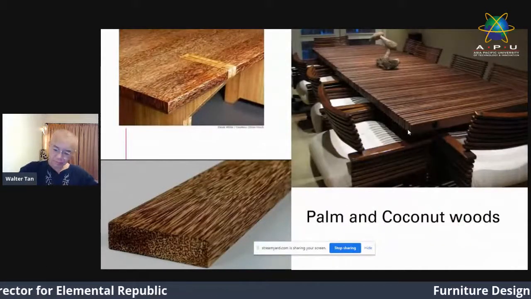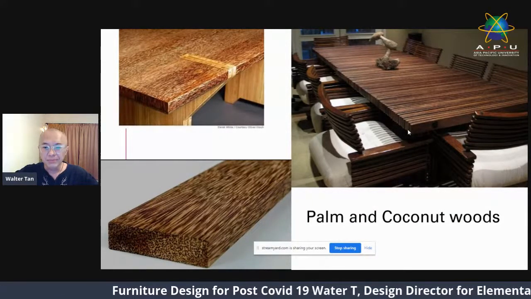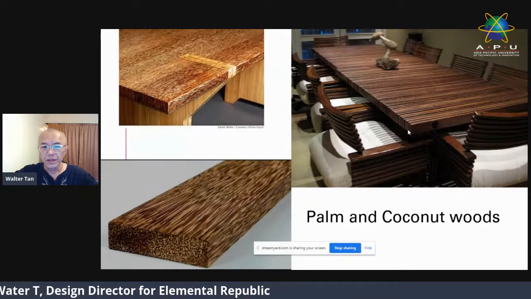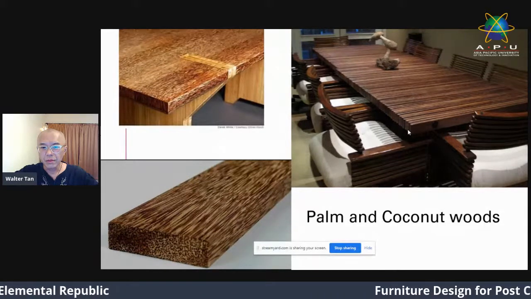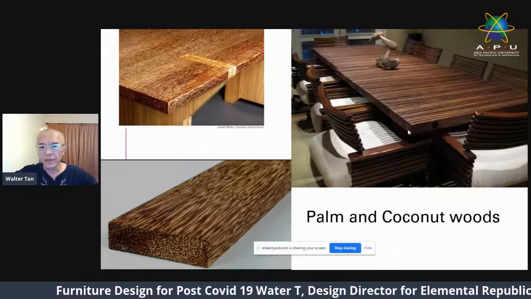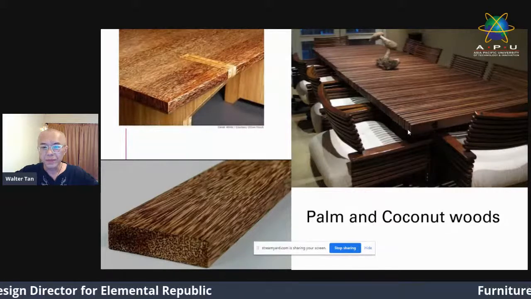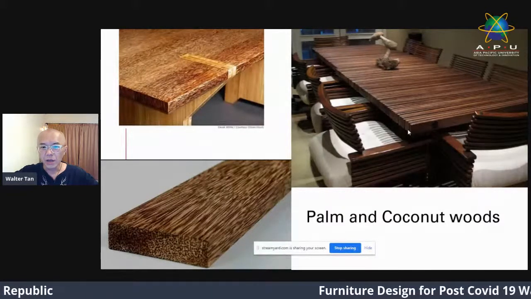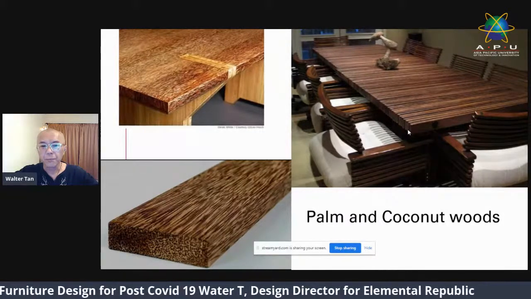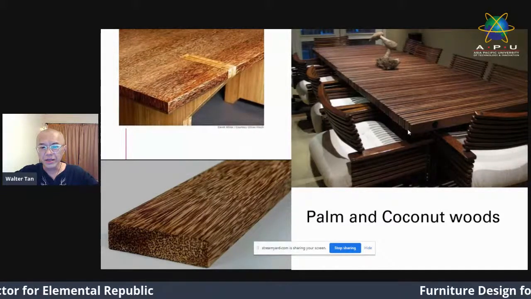Now, in Malaysia we have a lot of palm oil, and we also have quite an amount of coconut wood. This is actually green resource design. Everything that you do is best done with the things that are local. Palm oil, palm wood. When we cut down the palm trees for palm oil, we get palm wood, and the cut palm tree becomes furniture.